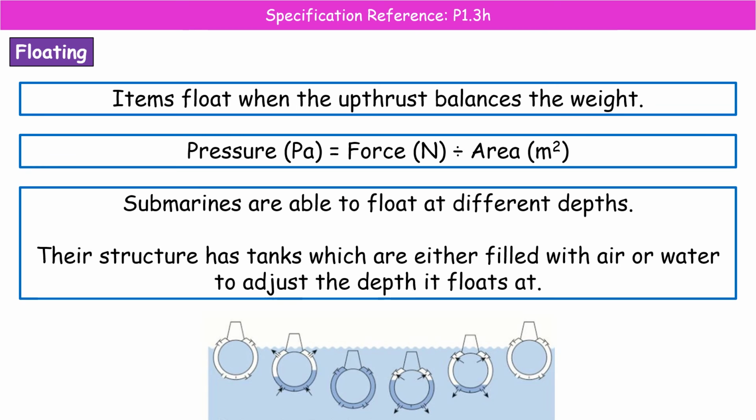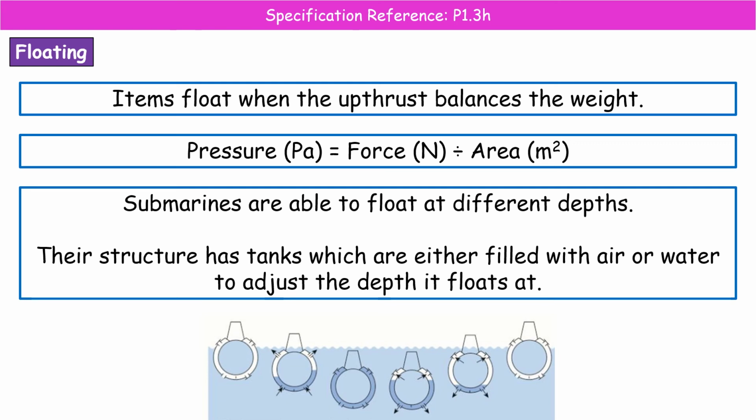The last thing to look at for today then is this idea of floating and sinking. If we've got a scenario where something is floating, that's going to happen because upthrust is balancing the weight. So upthrust acting upwards, weight acting down towards the centre of the Earth. Another calculation we could find here, pressure is force divided by area.